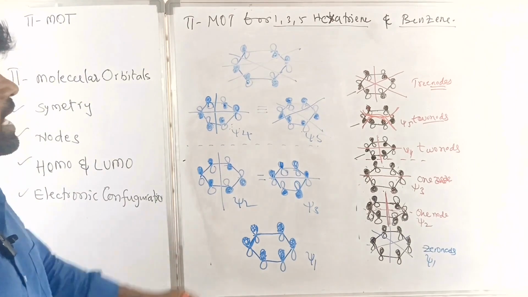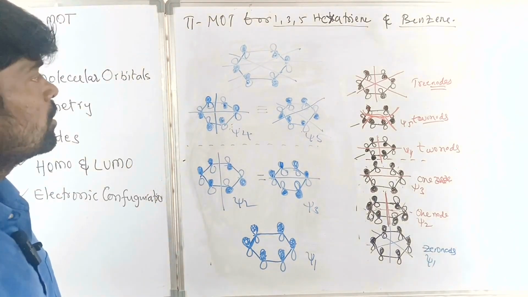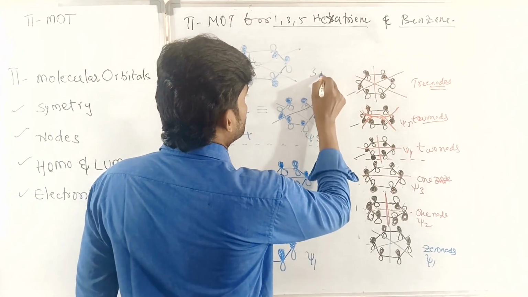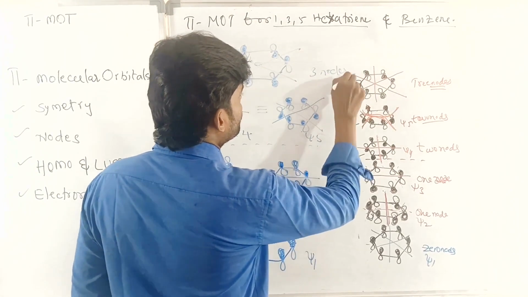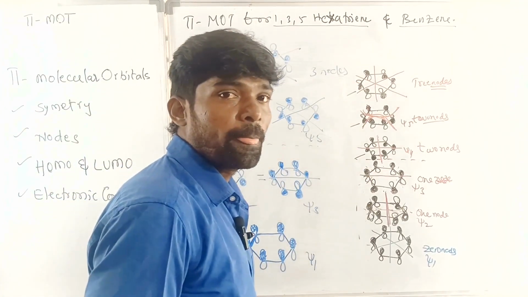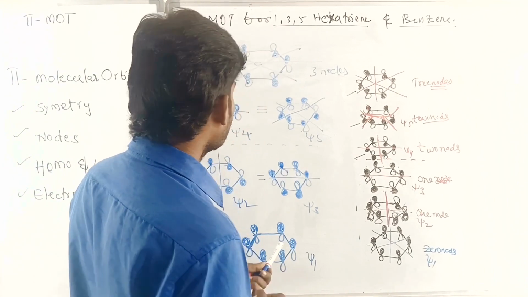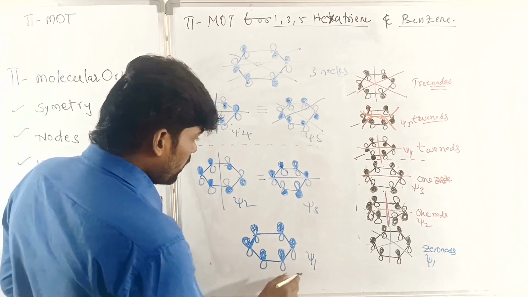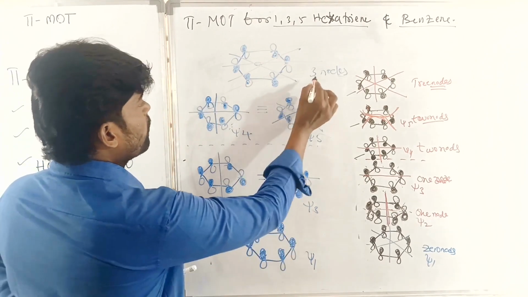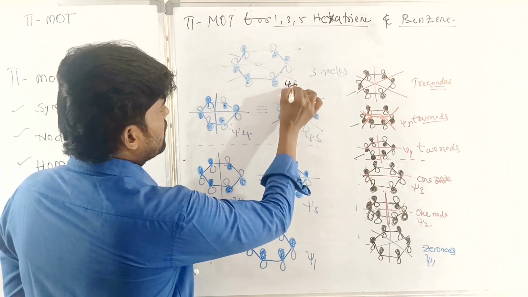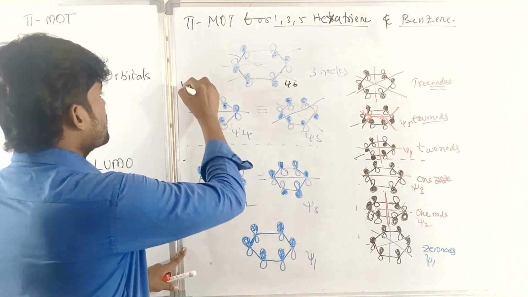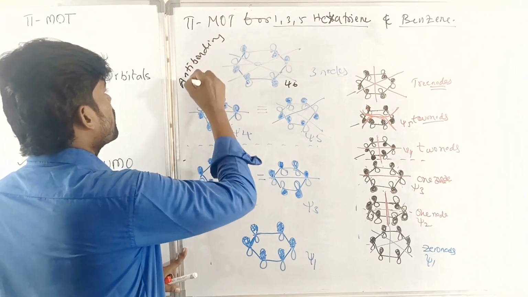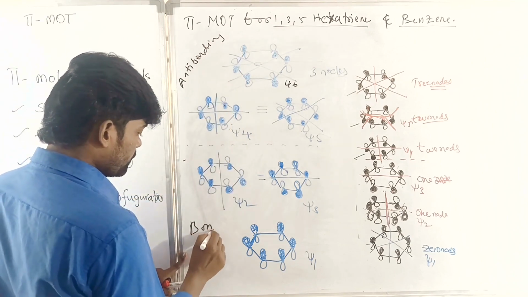Meaning with respect to three axes, we can separate it into different parts. So three nodes are present. So psi 1, psi 2, psi 3 are bonding. Psi 4, psi 5, psi 6 are anti-bonding.